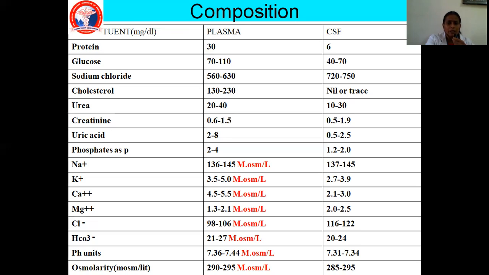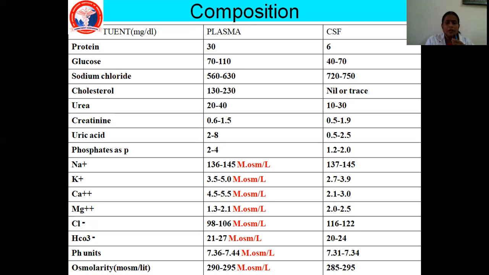And bicarbonate ions 21 to 27 in plasma and 20 to 24 in cerebrospinal fluid. So the pH is 7.36 to 7.44 in the plasma, and the pH of the CSF is 7.31 to 7.34.